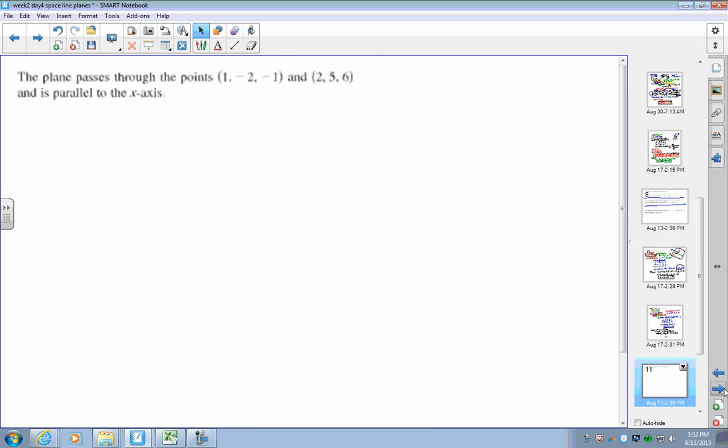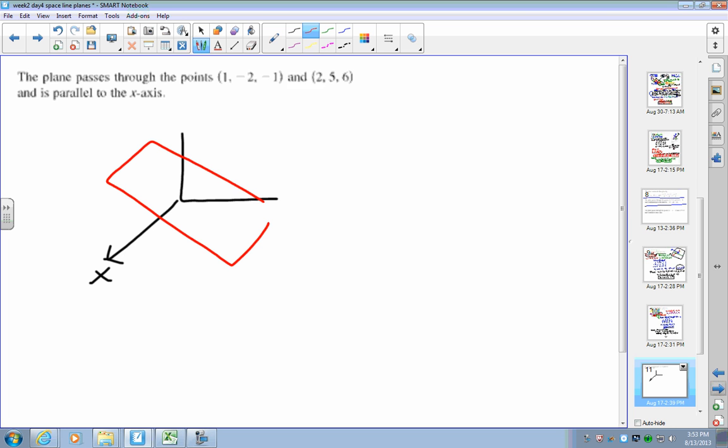Okay? So the way I'm going to look at it is, I have a plane that I want, and that plane, let's draw the axes first. Here's the x-axis. And let's say I have this plane here. It's not drawn to scale at all, but I have a point and a point, a 1, -2, -1, a 2, 5, 6.